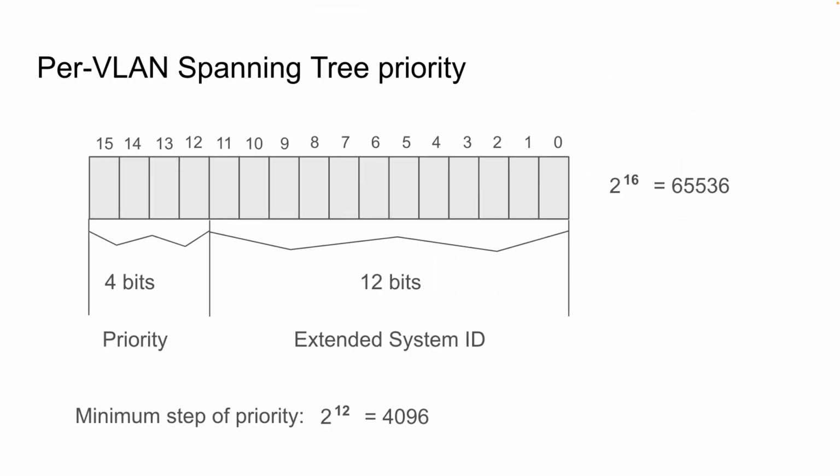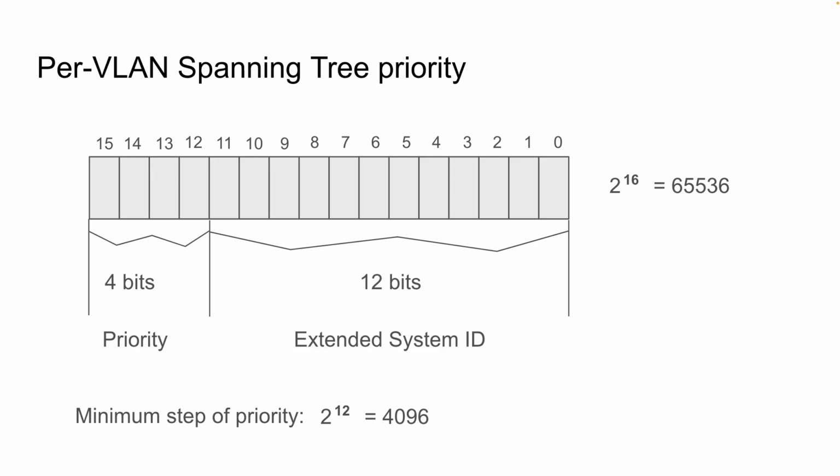Now, for parallel spanning tree, the priority field is redefined as follows. The 4 most significant bits are set aside for priority itself, which means that the least significant bit of the priority portion has the weight of 2 to the power of 12, right? Because we are counting from right to left, from the least significant bit to the most significant bit.